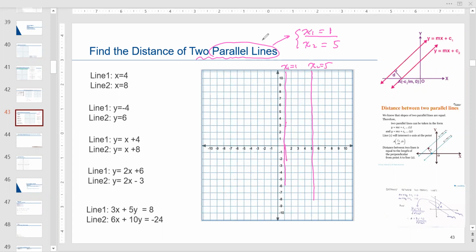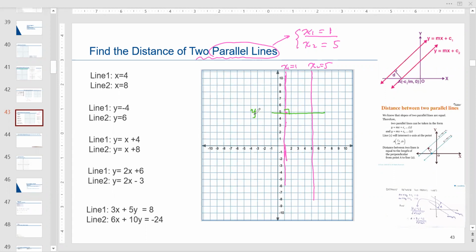So the distance of these two parallel lines would be, this one is x1 equals 1, this one x2 equals 5. The distance, as we talked about earlier, is to draw a line between them.